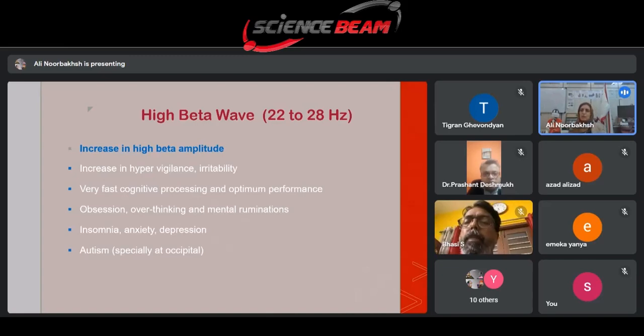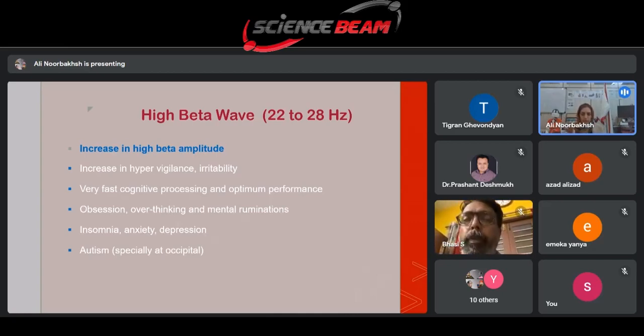Next frequency band is high beta. It's between 22 to 28 hertz. Increase in high beta amplitude: increase in hypervigilant irritability, very fast cognitive processing, and optimum performance. Obsession, overthinking, and mental rumination. Again, it's related to insomnia, anxiety, depression, and autism.